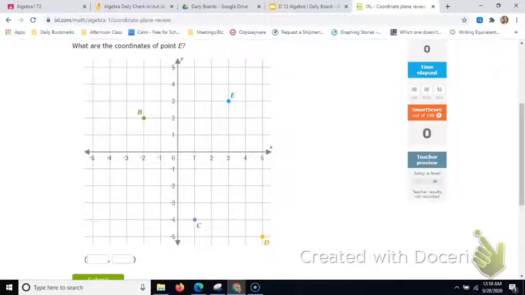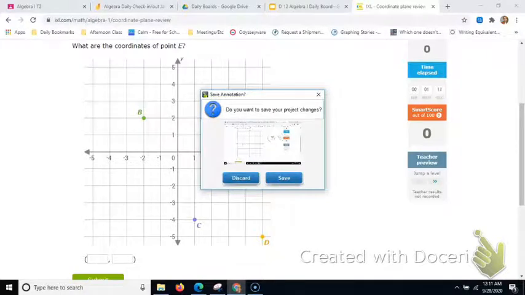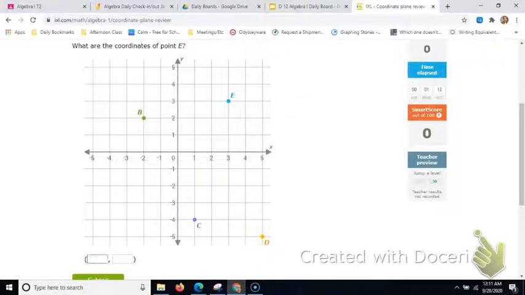To get to point E, I would go 3 right and up 3. So in this case, even if I had it mixed up, I would probably still get it right because they're both 3s. So, 3 and 3. They give you a box for each one, so you don't need to type the comma.